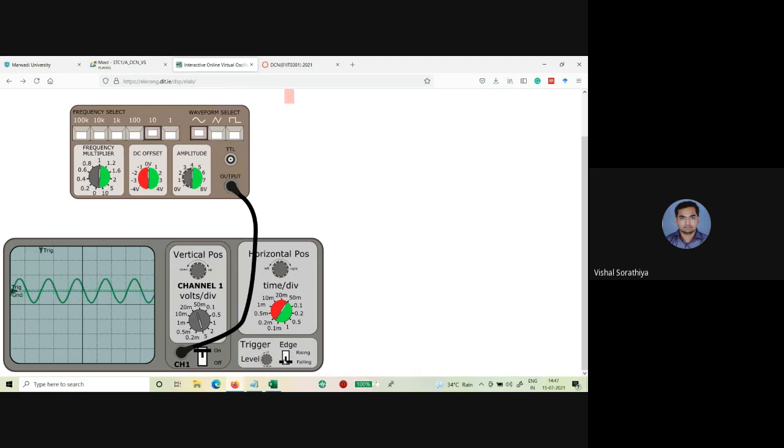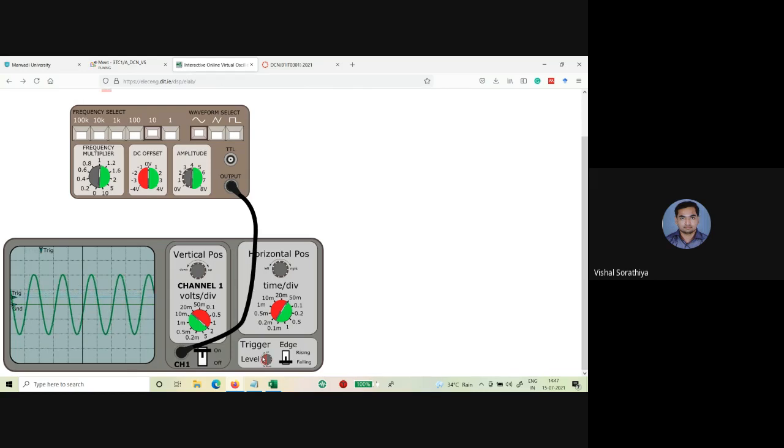What is the functionality of this trigger and the edge? You can observe it like this. Let me just expand the signal a little bit. Now let me bring it to the center. So the triggering signal identifies by which edge your signal is going to be detected by this oscilloscope.